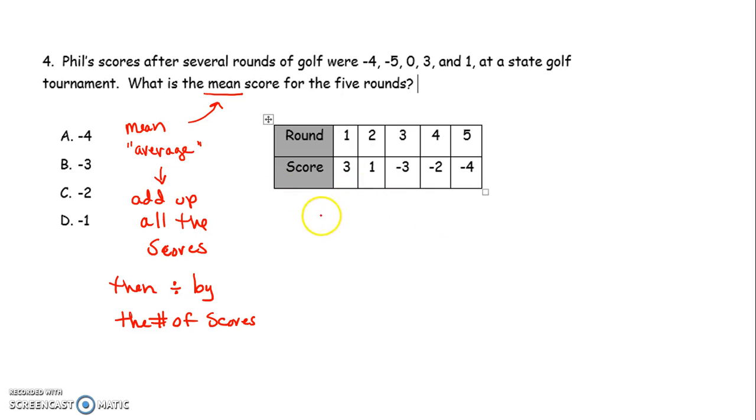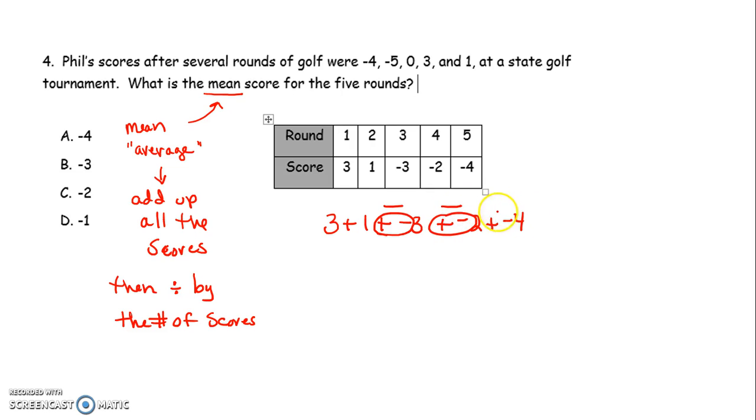Okay, so let's take a look. So his scores were 3, 1, -3, -2, and -4. So we're going to go ahead and add all those together and then divide by 5 because he played 5 rounds. All right. Your teachers have you change double signs to a single sign.